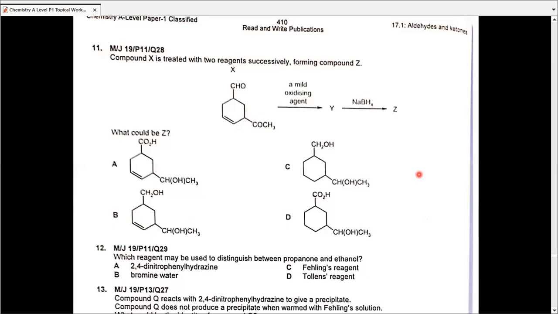Beta? That's not right. It's not right? No. Think again.